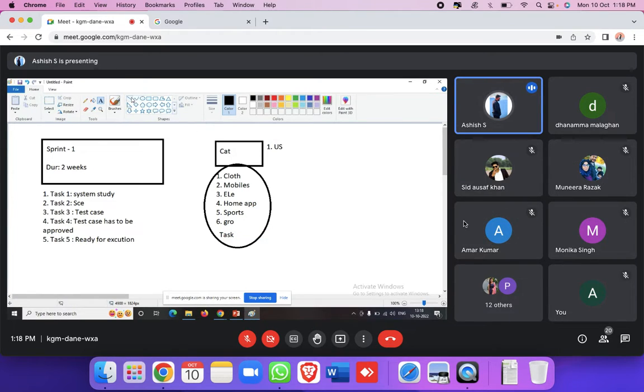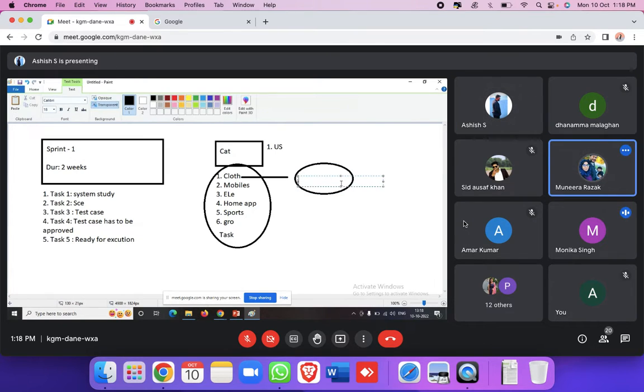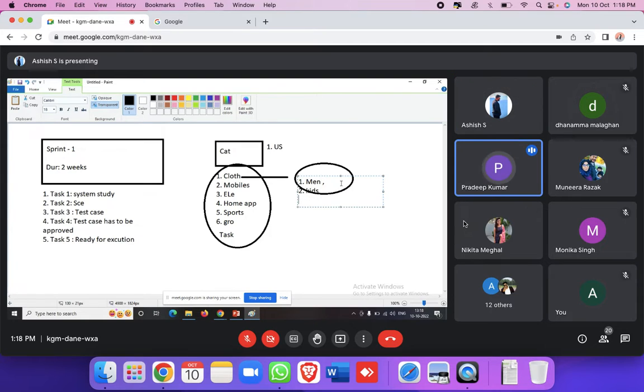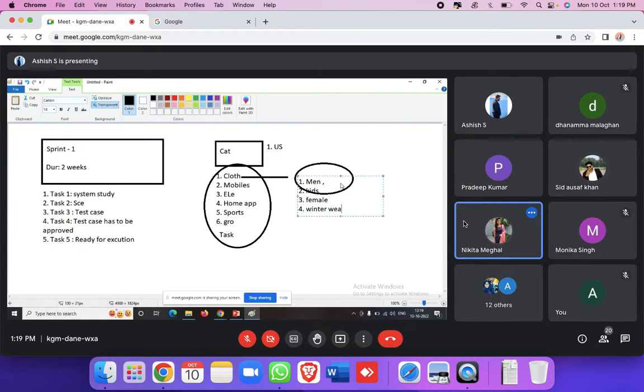And in this particular mobiles or clothing, whatever it might be, can I take clothing? What all will we have in clothing? Men's wear, female, kids, winter wear, ethnic, formals, traditionals.